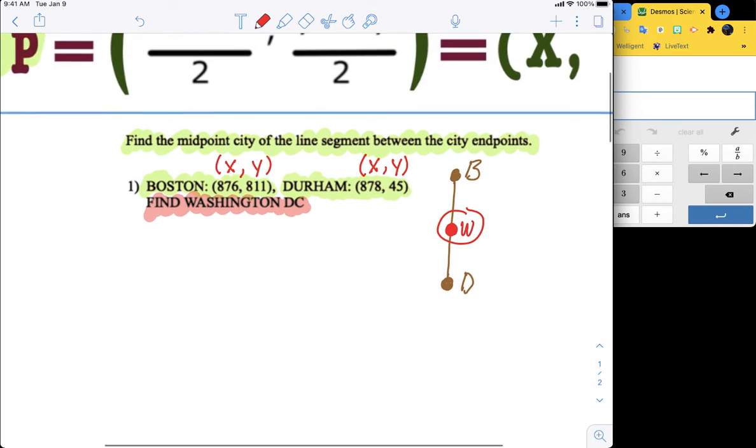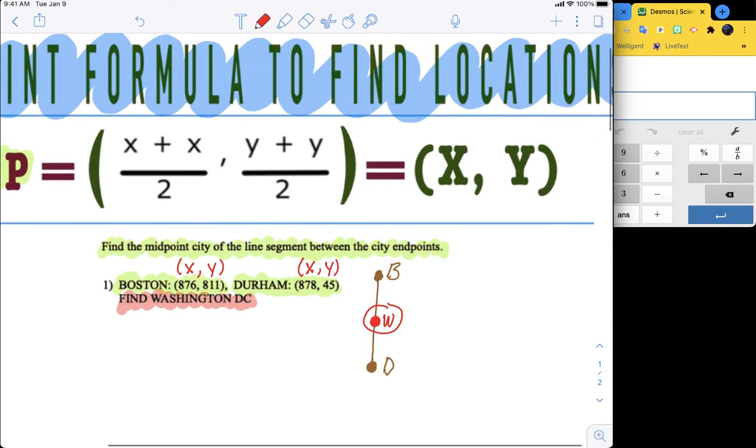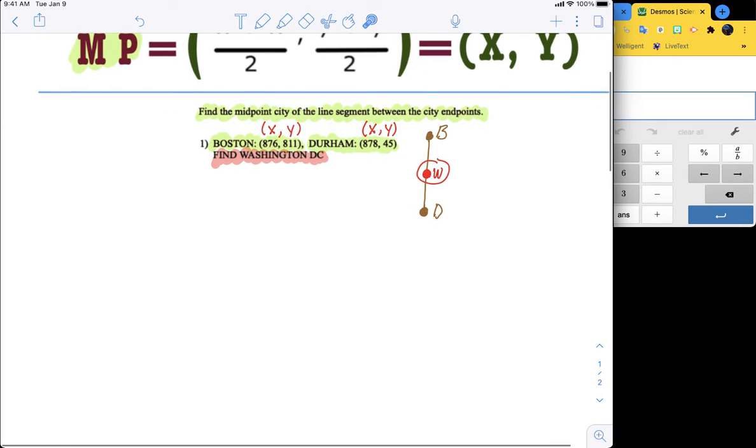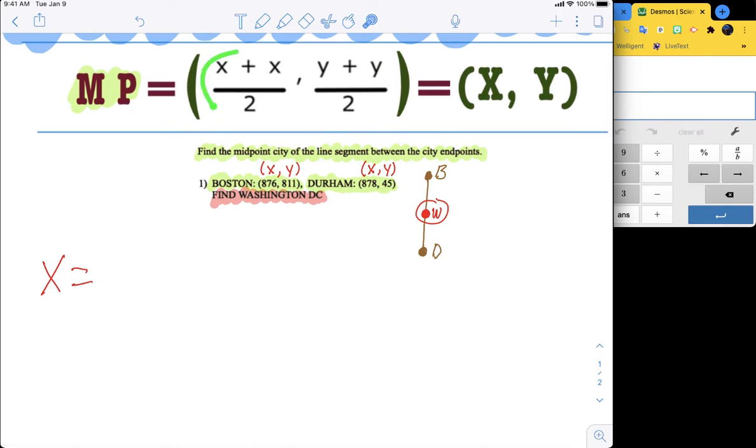So let's use our formula. Let's find x first. I'm going to say x is equal to x plus x divided by 2. Well, our two x's are 876 and 878.